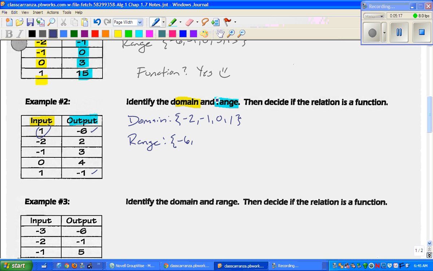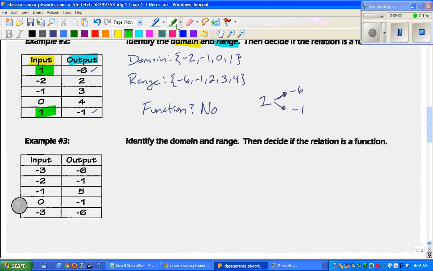So -6, -1, 2, 3, and 4. So is this a function? Take a look on your input side. How many times is number 1 written? It's written twice. And one time the answer is -6, and another time it says it's -1. So when that happens, the answer is no.